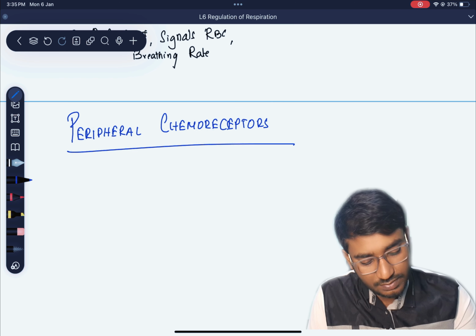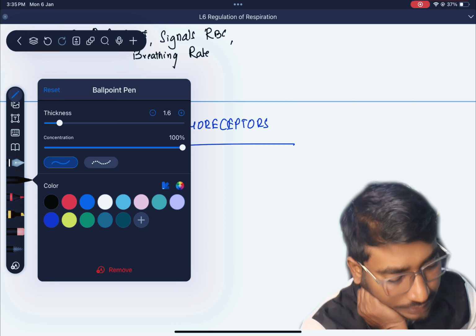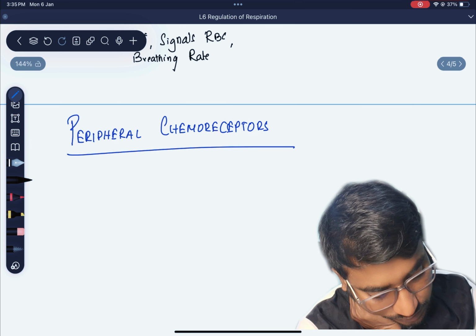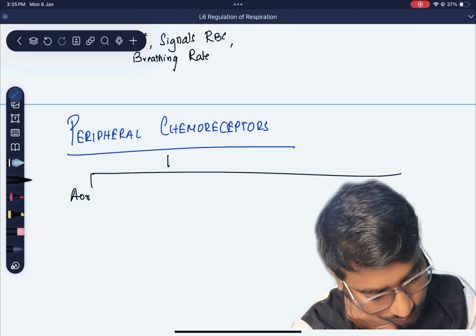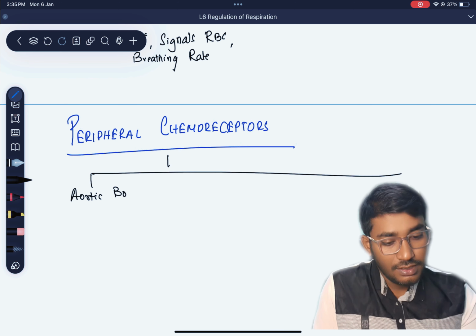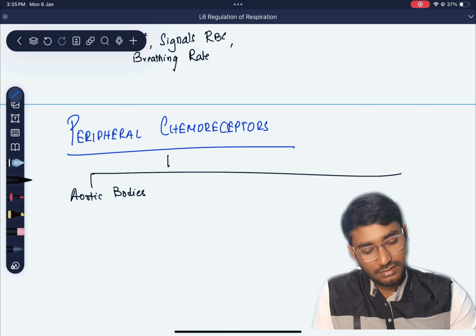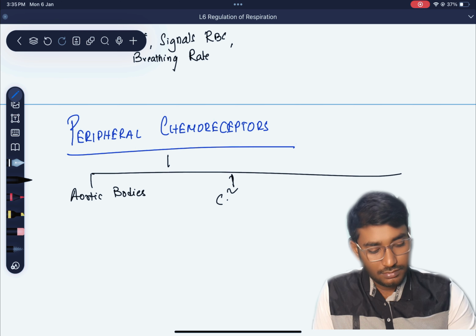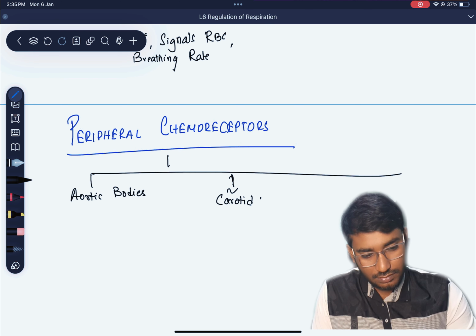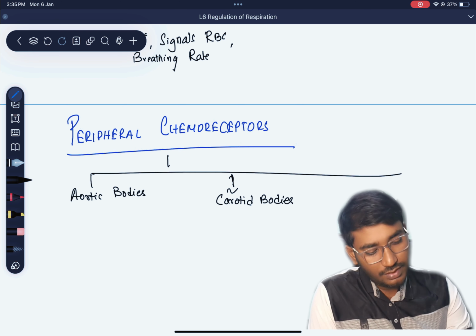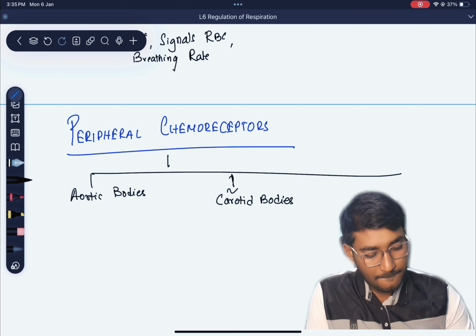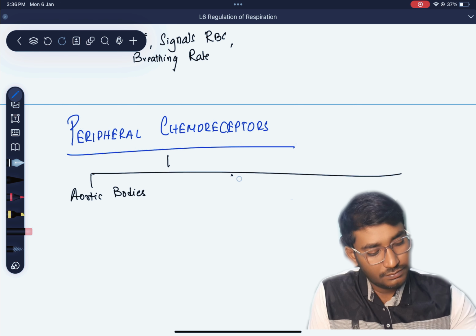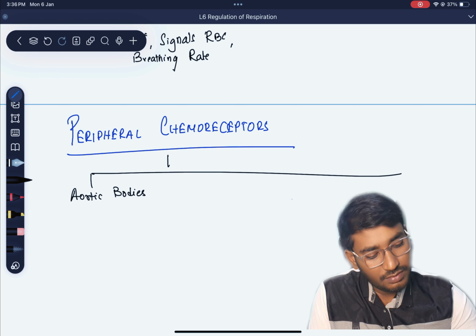The peripheral chemoreceptors consist of the aortic bodies and the carotid bodies.